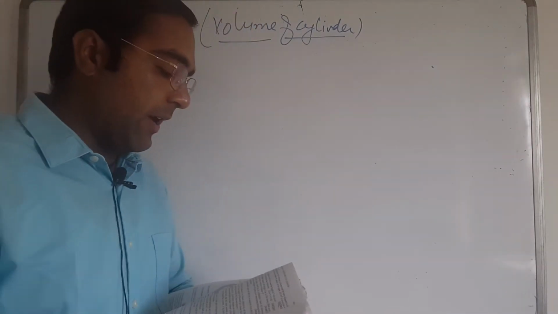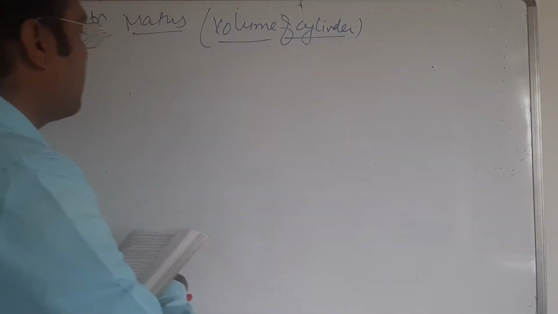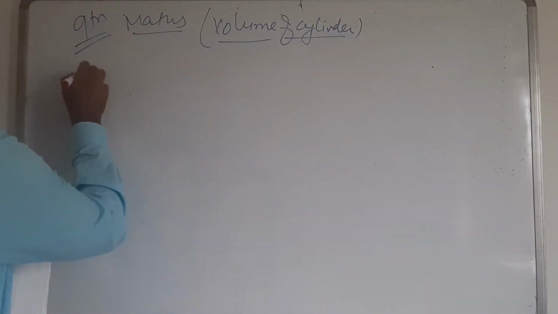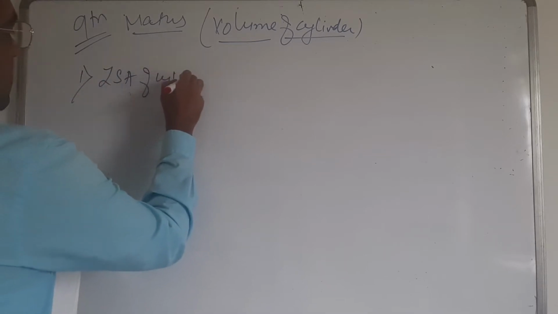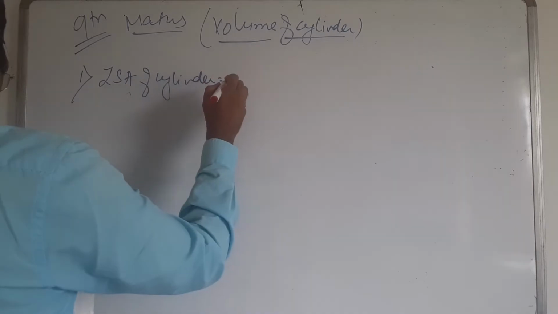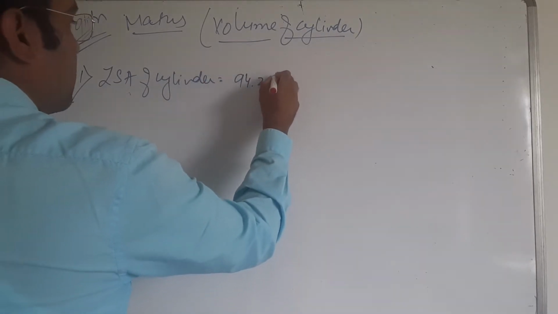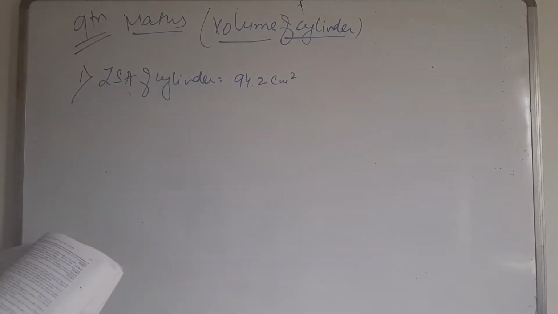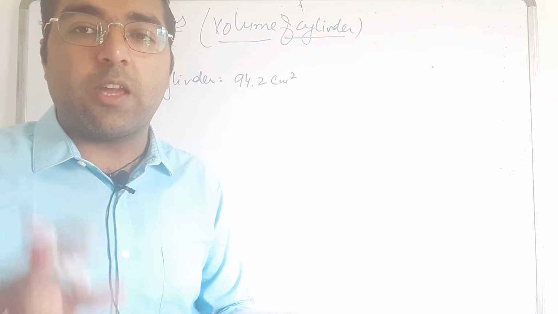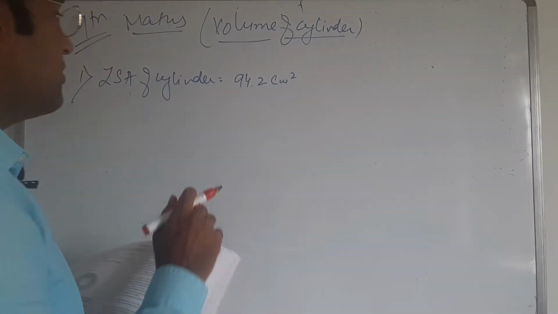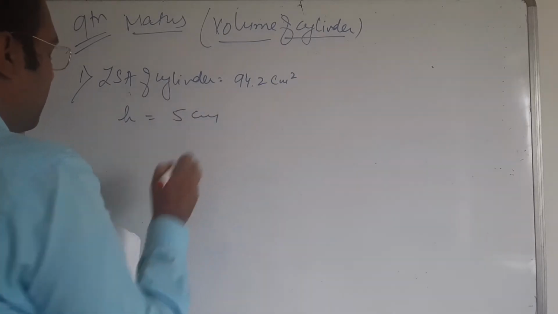Now, the lateral surface area of the cylinder is 94.2 centimeter square, so I'll take the lateral surface area of cylinder equal to 94.2 centimeter square. And its height is 5 centimeter, so I'll take height h equal to 5 centimeter.